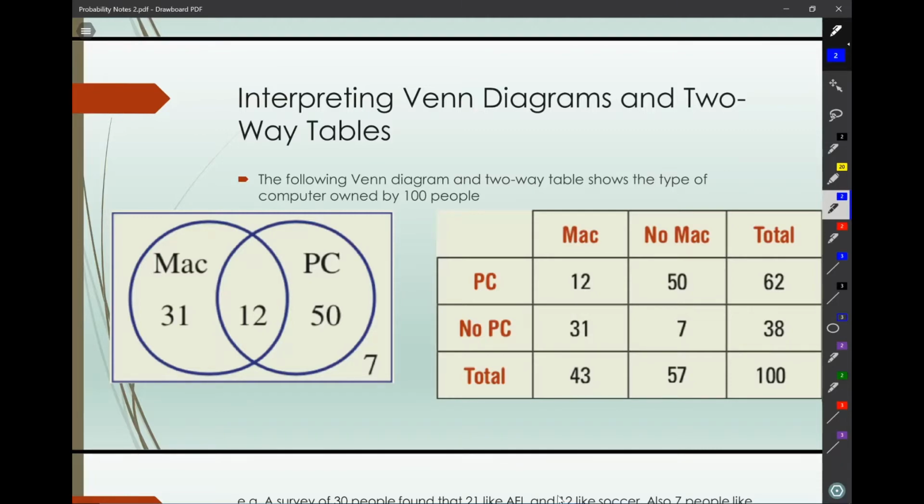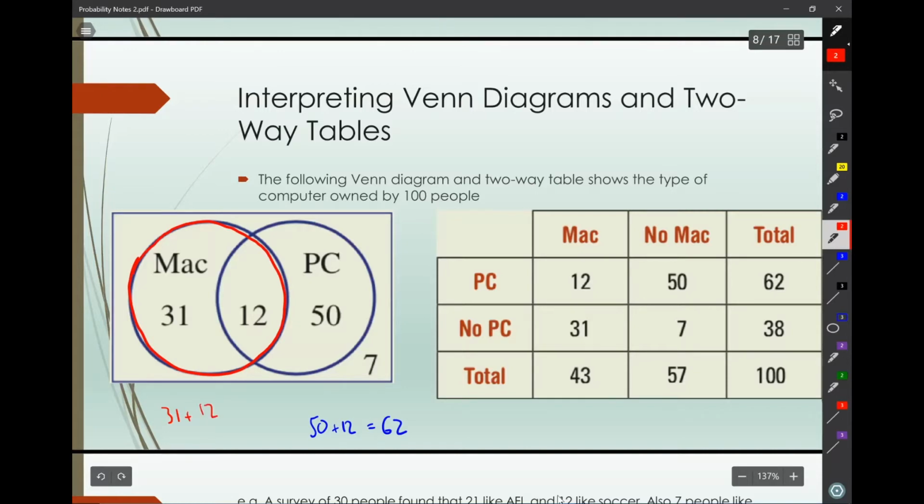And let's look at the Venn diagram first. So everything contained within this circle is the people that own a PC. So 50 plus 12 people own a PC, 62 people own a PC. Alright, now if we look at this circle here, this contains all the people that own a Mac. 43 people own a Mac.